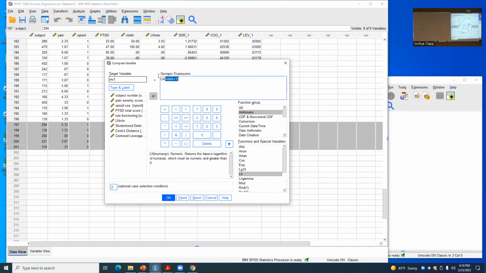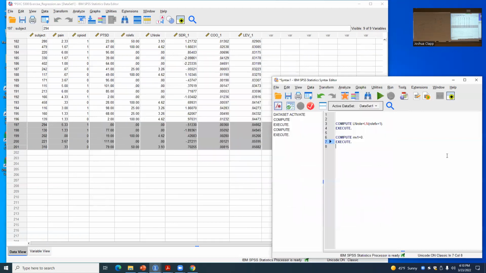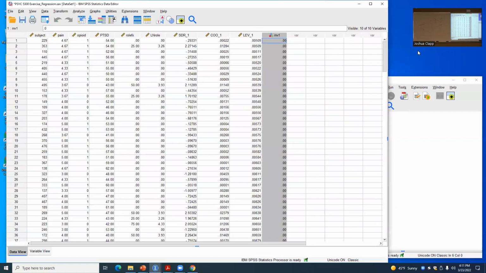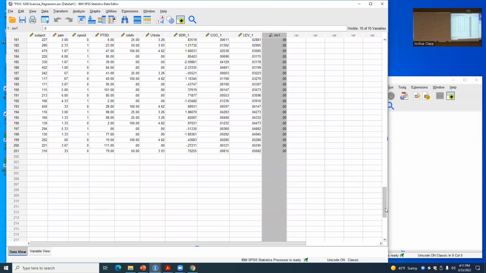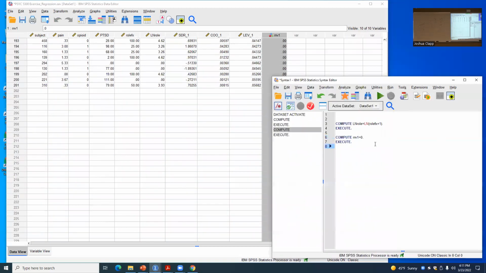I'm going to call it MV1 is equal to zero. Okay, and then I'm going to hit paste. Okay, so what this is going to do, if I run this, it's going to create a variable called MV1. It's just all zeros. Okay.